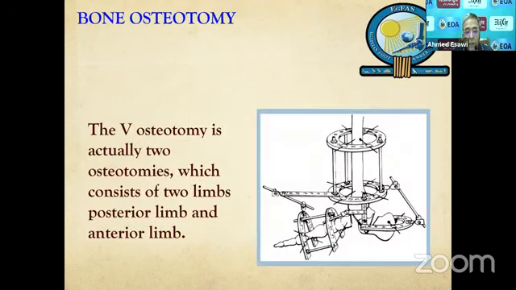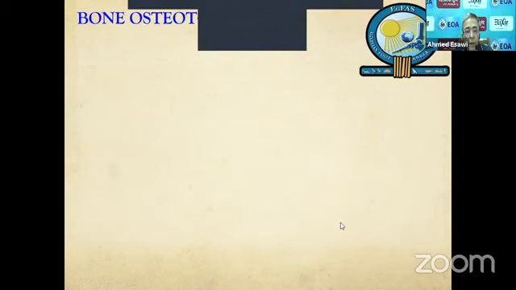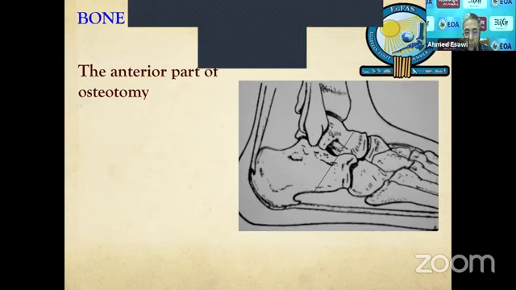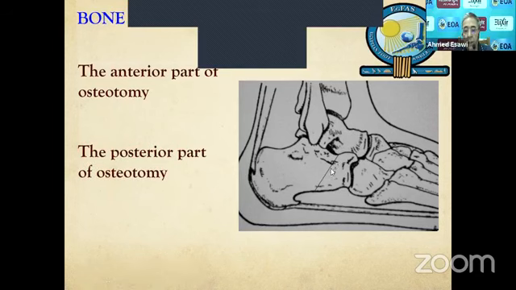And actually, the V osteotomy consists of two limbs, one posterior limb and the other the anterior limb. The anterior part of the osteotomy may extend from the middle part of the inferior surface of the calcaneus up to the neck of the talus if there is subtalar arthritis or a subtalar arthrolysis, and may end at the superior part of the calcaneus if the subtalar joint is okay.